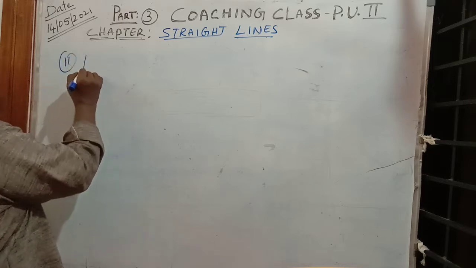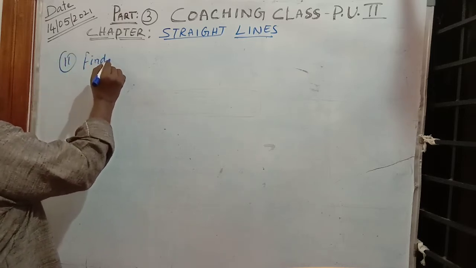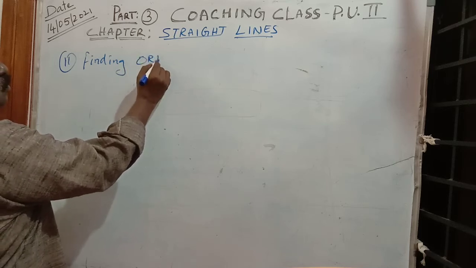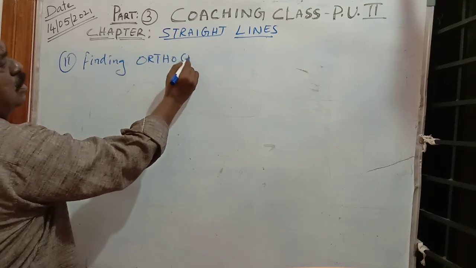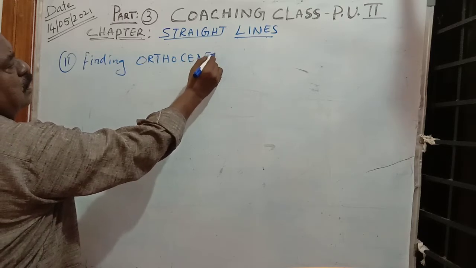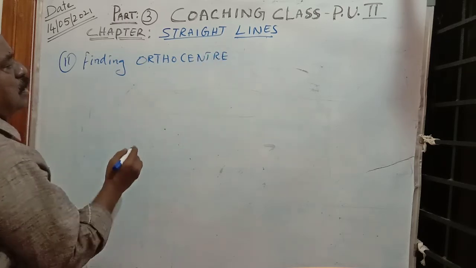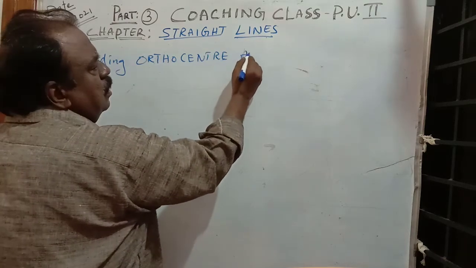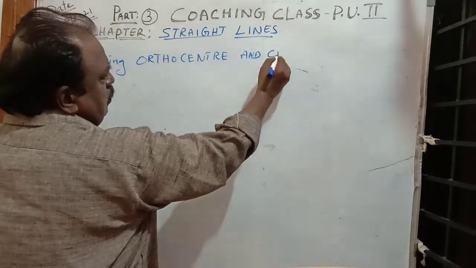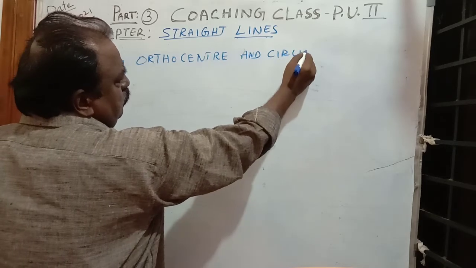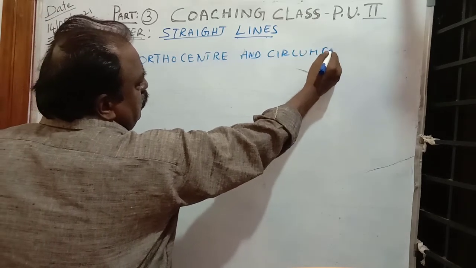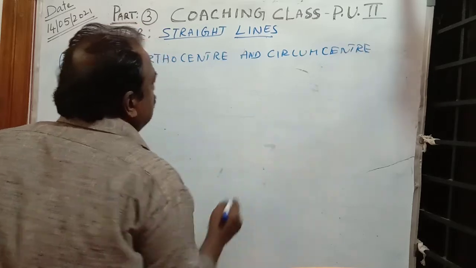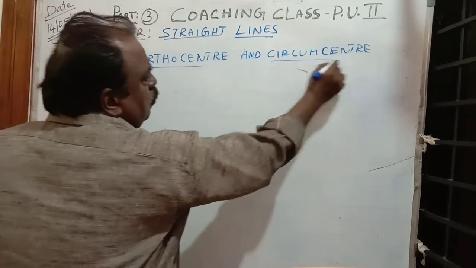11th one: finding orthocenter and circumcenter. There are two important centers.